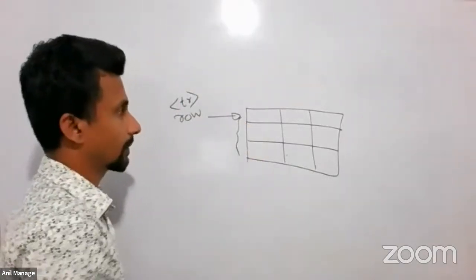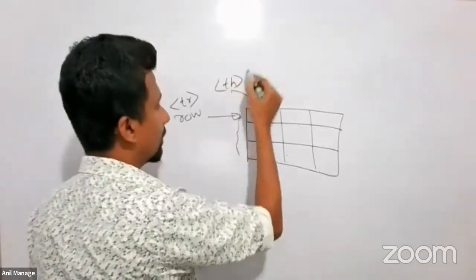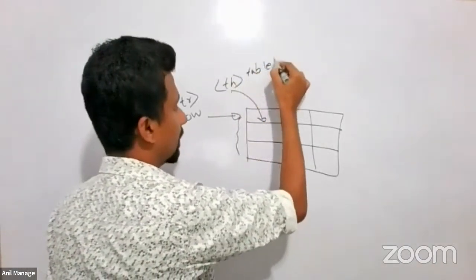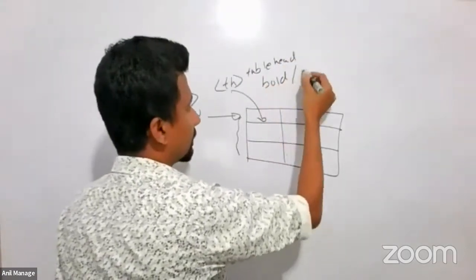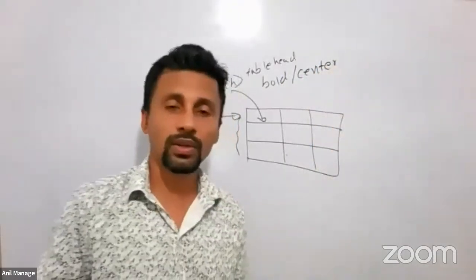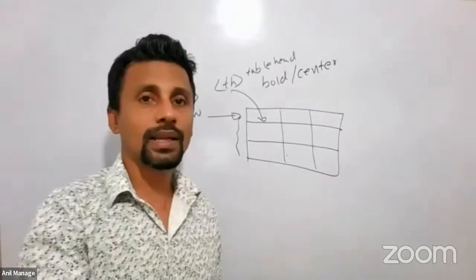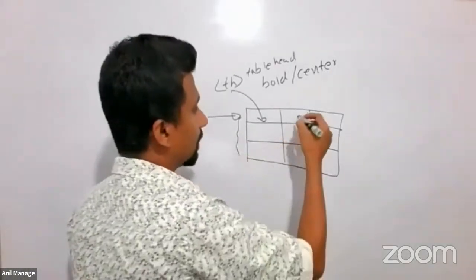The rows contain cells. This can be either th for table heading, which is automatically bold and centered. When you put the th tag, it is automatically bold, no need to bold it, and it is automatically centered. Otherwise you can put td.